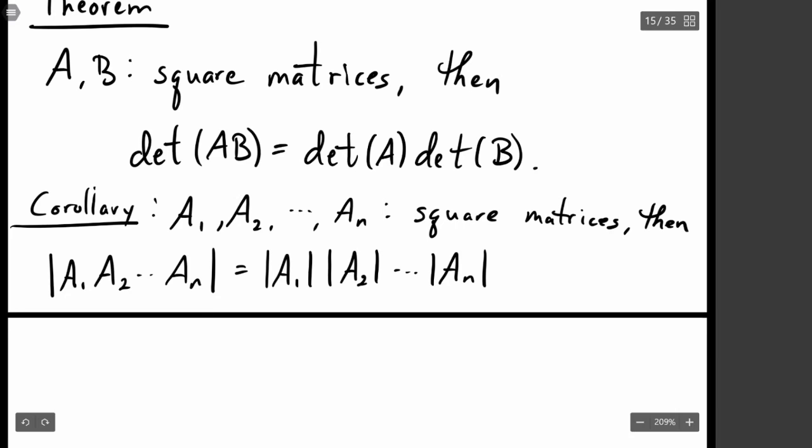So if we can break up the product of two things, we can break up the product of as many things as we need to. That's just a direct corollary.